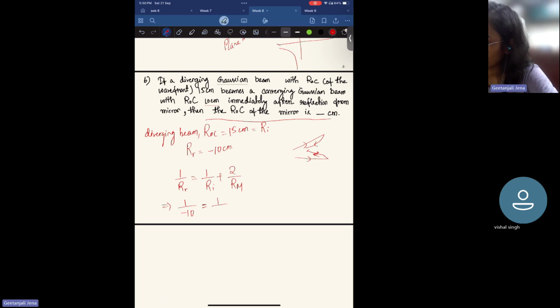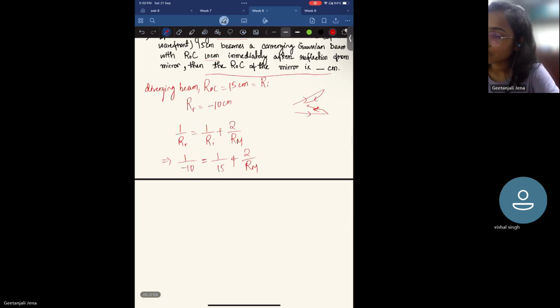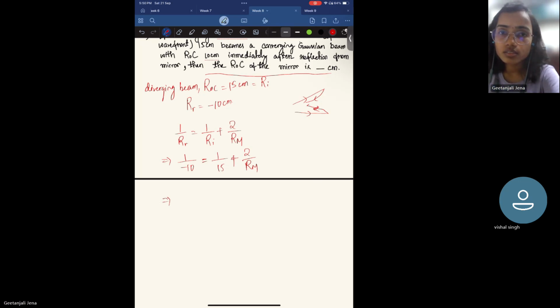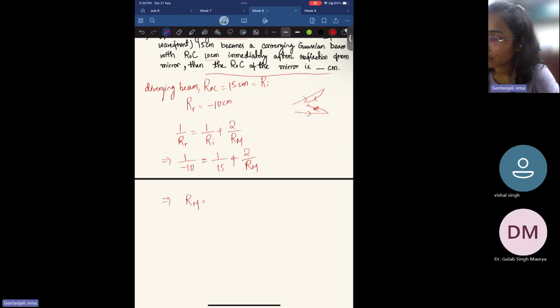So Ri is 15, and we have minus 1 by 10 equals 1 by 15 plus 2 by Rm. We just rearrange the terms: 2 by Rm is given by minus 1 by 10 minus 1 by 15.